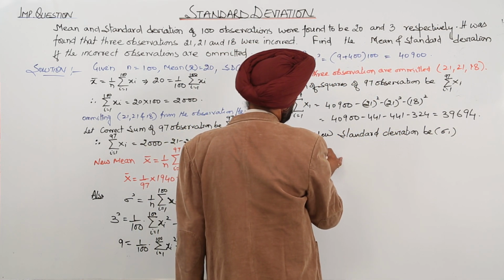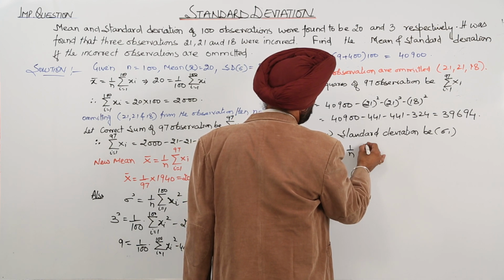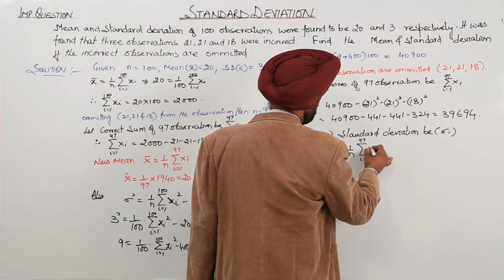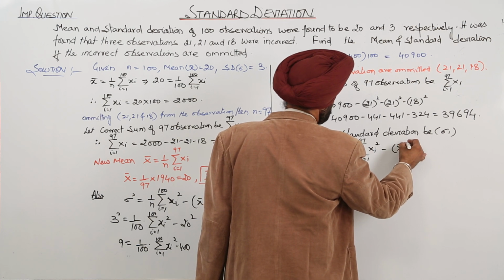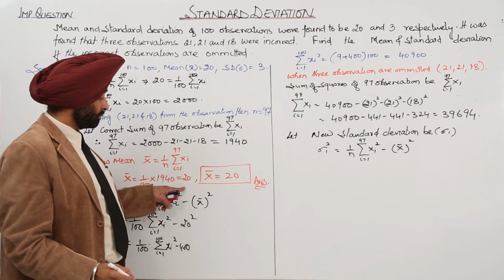Again using the formula, it is equal to 1 upon n, 97. The new mean is again 20.